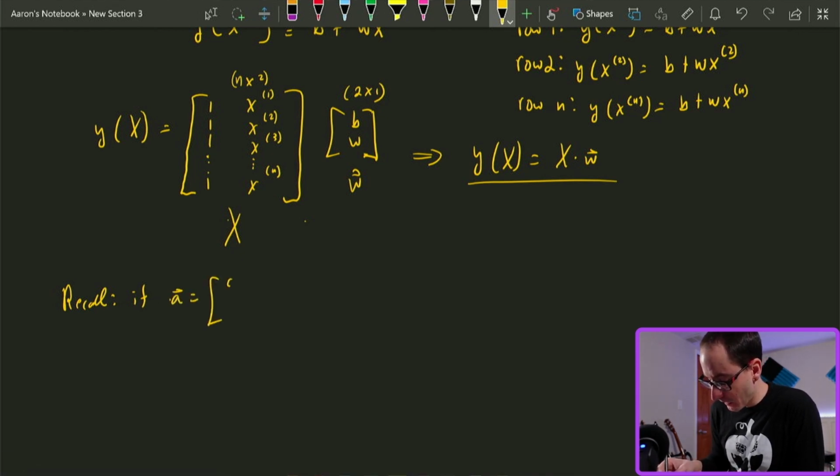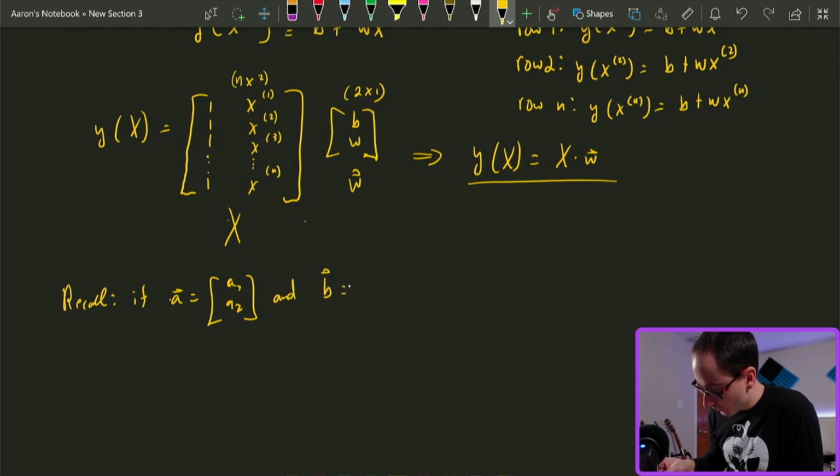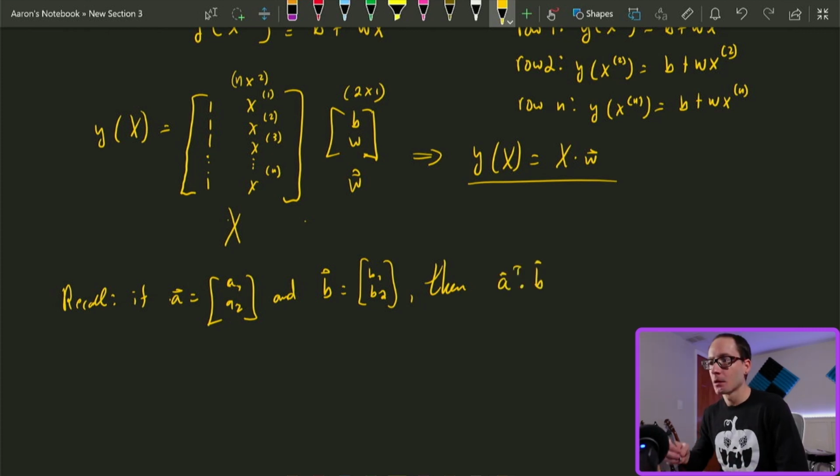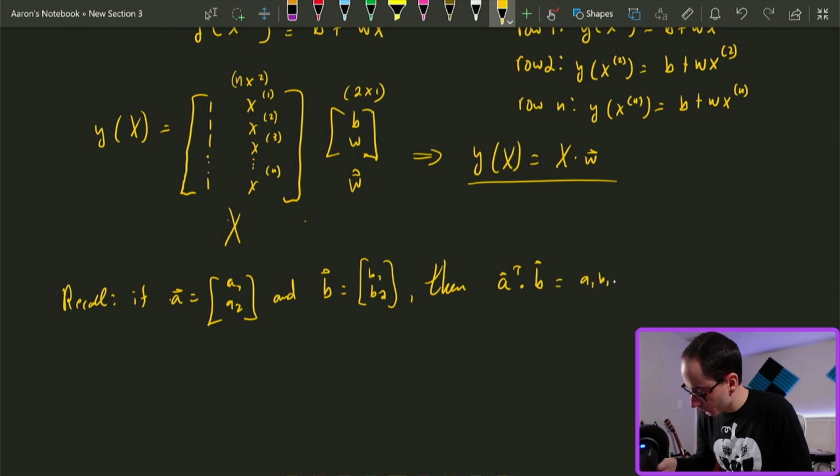So if I have a vector A, it's got A1 and A2, and I have a vector B that has B1 and B2. Then if I do A transpose dot B, so that row times the column vector, that's just going to be A1 times B1 plus A2 times B2.